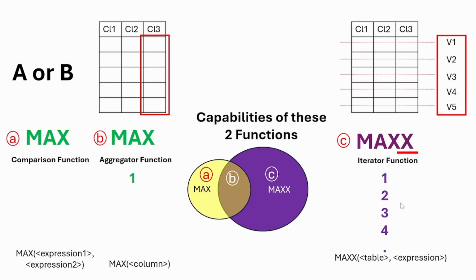Once we have done that, we will have a look at a few other examples showing the remaining capabilities of the MAXX DAX function. One more thing to remember is whatever we talk about MAX and MAXX also applies for MIN and MINX. Now let's switch to Power BI for the demo.